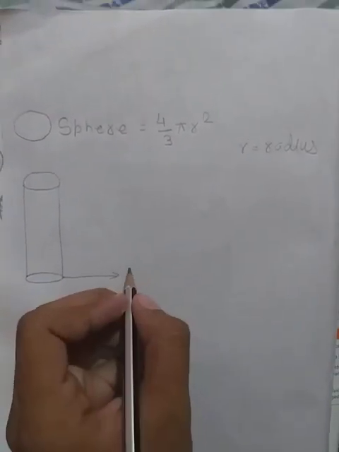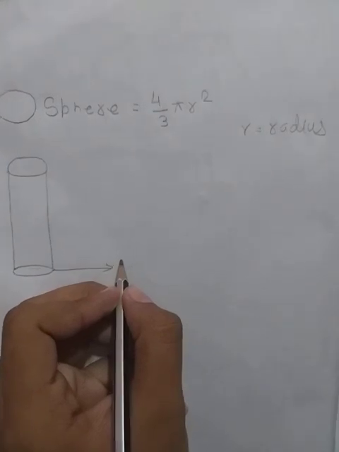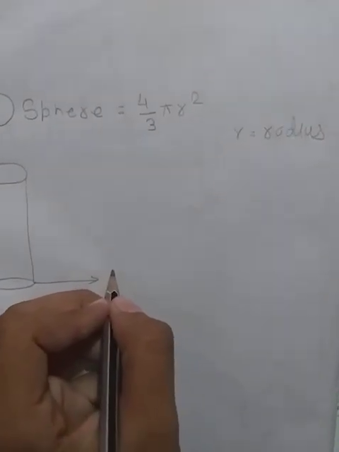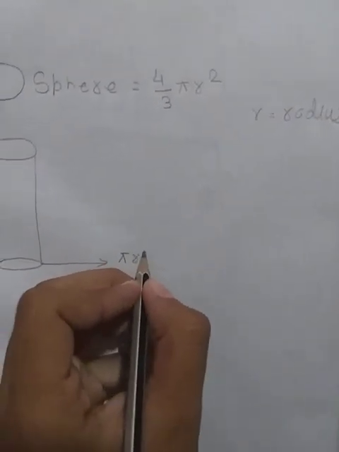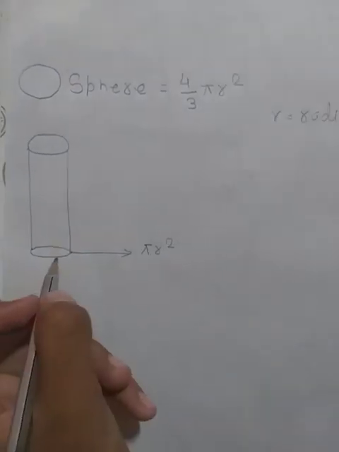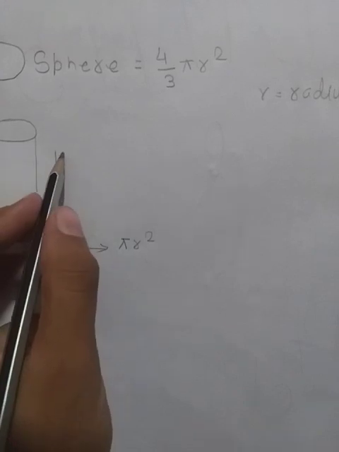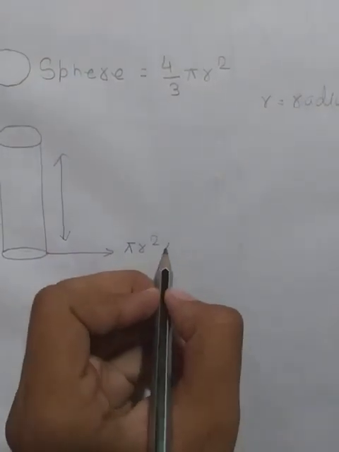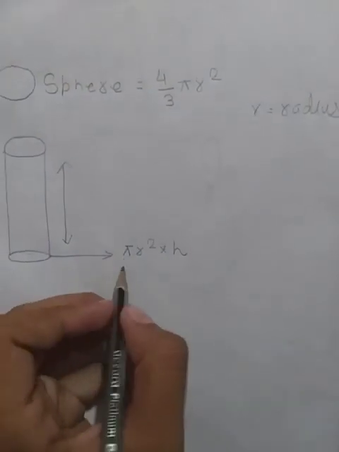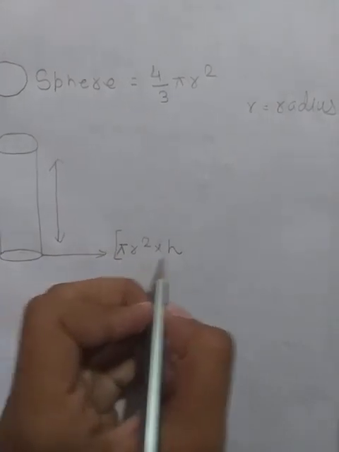So no, it's not a sphere, it's a circle. So it will be pi r squared, the area of the circle, and you need to multiply it by the height. This is the formula for a cylinder.